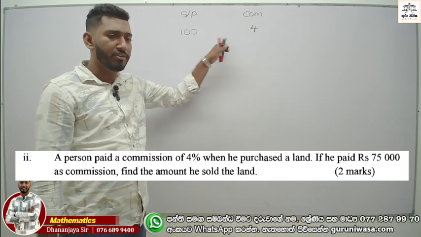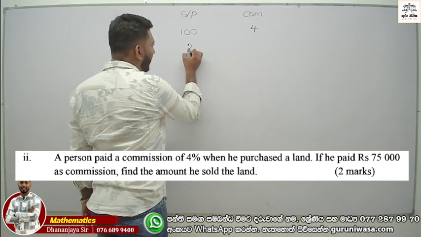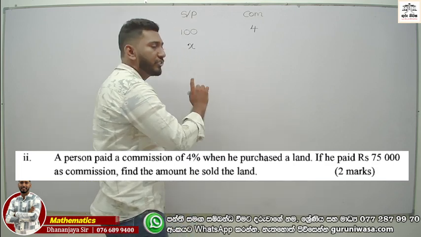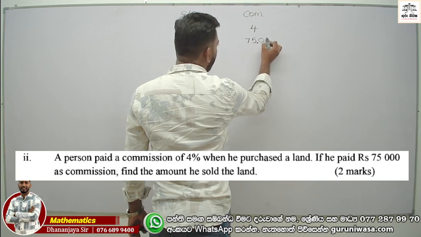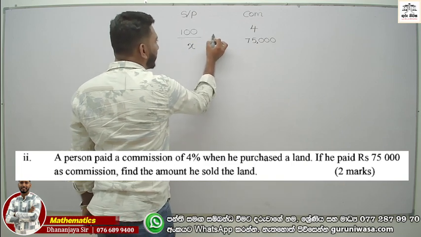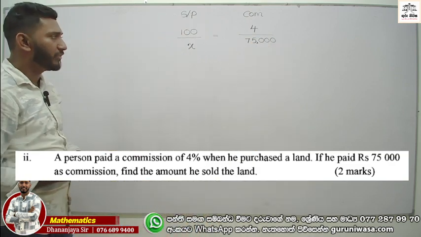Now we don't know the value of the sold land. Put X here. And the commission is 75,000. Now what to do? Put the equation like this. That's very easy.